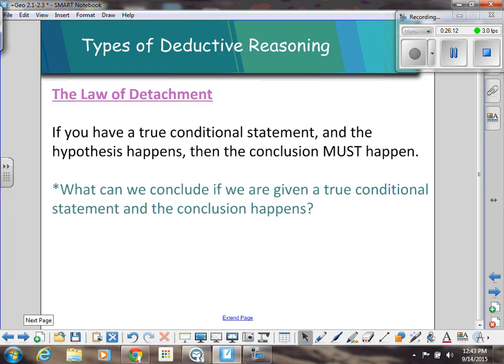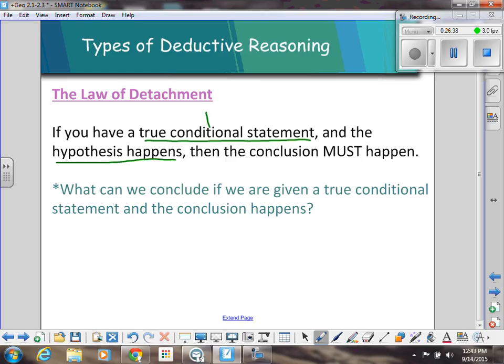All right, so since deductive reasoning is a little bit stronger, right? It's based on fact. We're going to have more solid conclusions. All right, so the law of detachment is something that we use in deductive reasoning. And notice what we have to have when we first start. If we have a true conditional statement, and we have a hypothesis that happens.